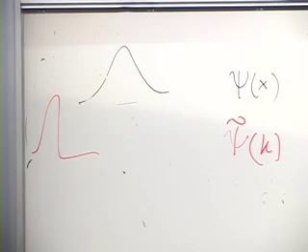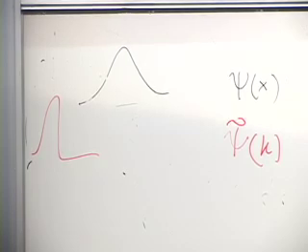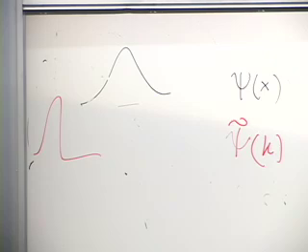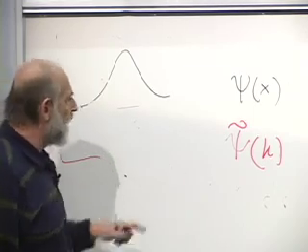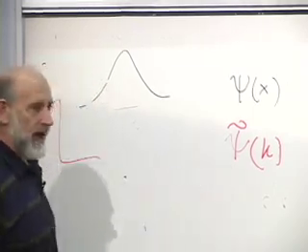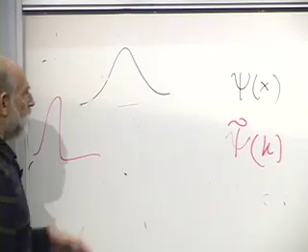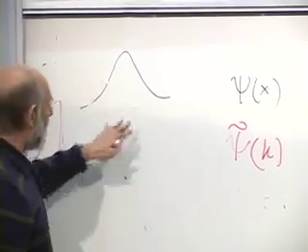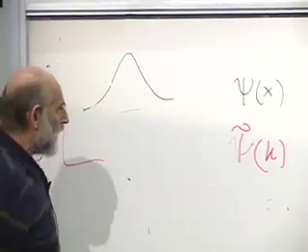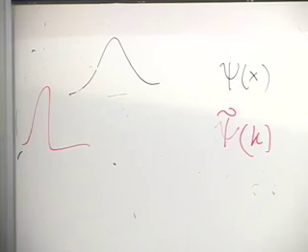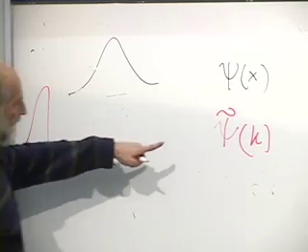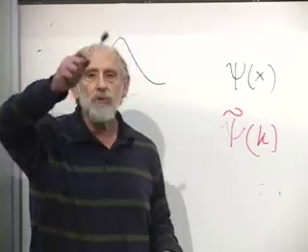Gaussian would be an example, but it doesn't have to be literally a Gaussian. Right? Just a wave function which is concentrated at some position and concentrated at some k, but not infinitely narrow in x, because if it's infinitely narrow in x, it will be spread all over the place in k, and vice versa.